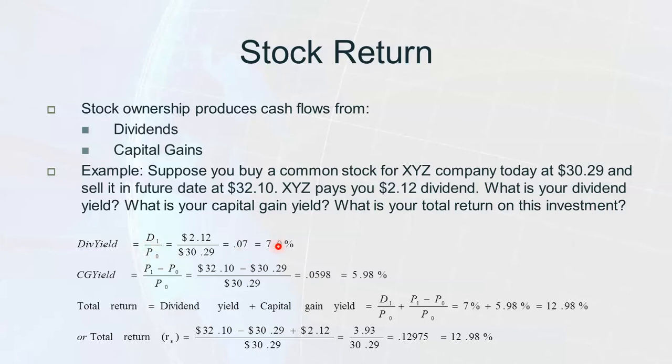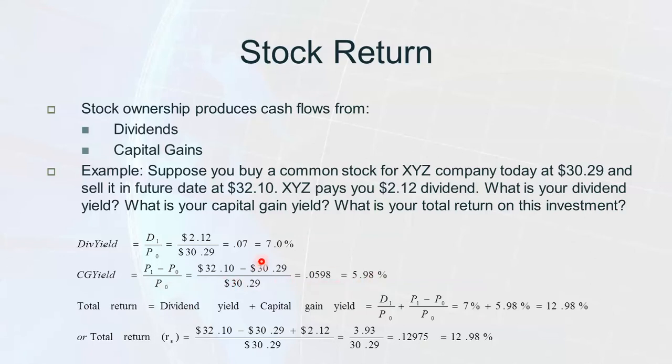That's going to give you the dividend yield. And capital gain yield is the ending price minus the beginning price divided by the beginning price. In other words, your selling price minus buying price divided by buying price. That's going to give you your capital gain yield.